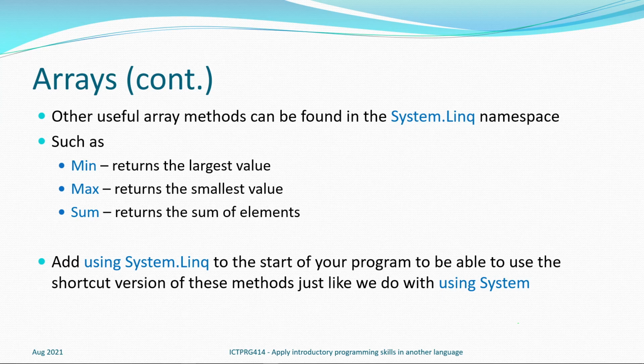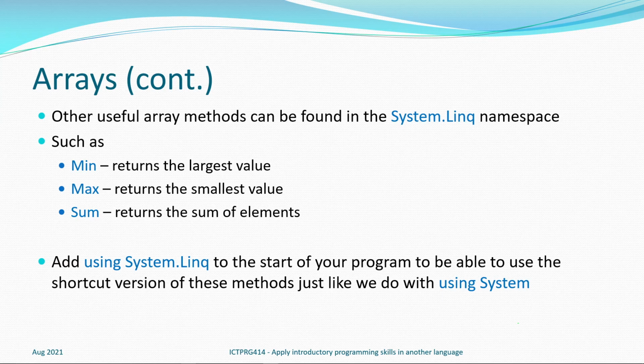So within that namespace we have min, max and sum, which we can use to extract a straight value out of the array. So that way we don't have to dump the arrays out into individual values to find out which one's smallest or whatever it is that we want to do with it.